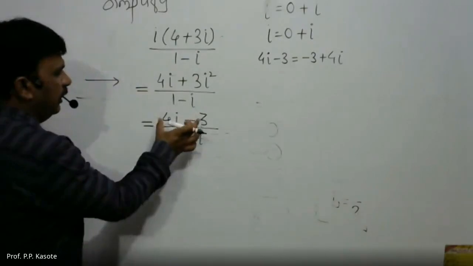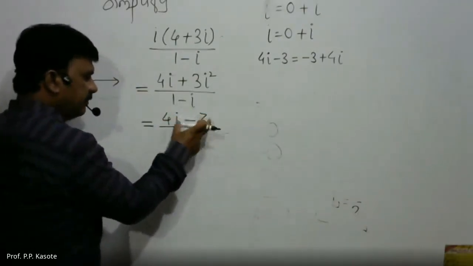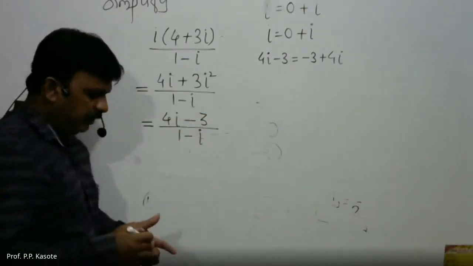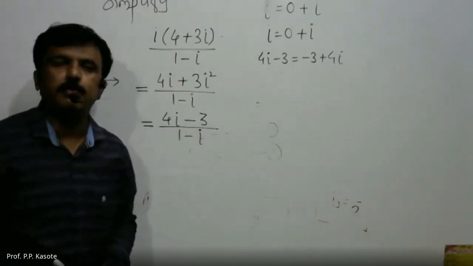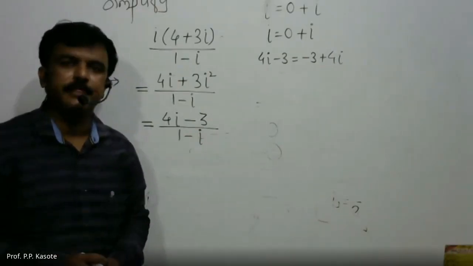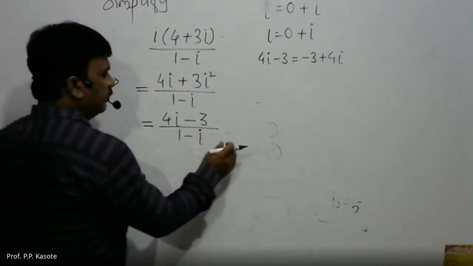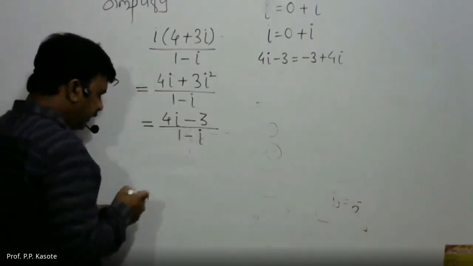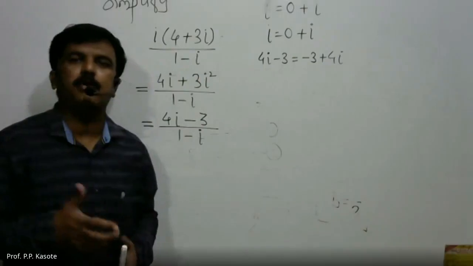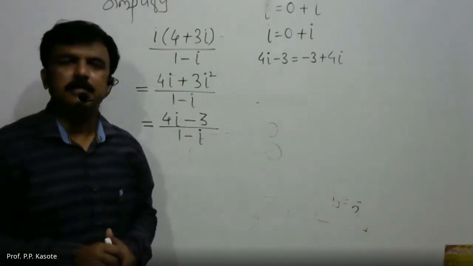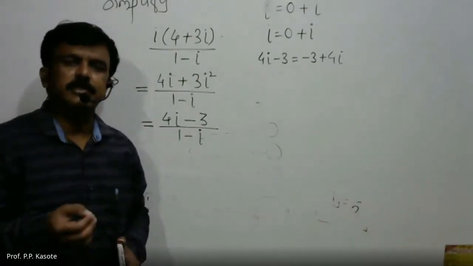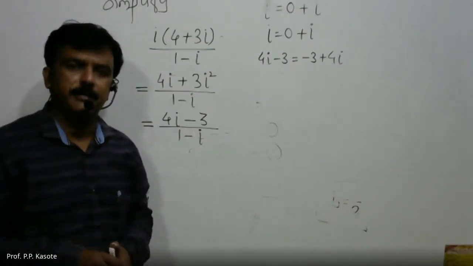So now let us divide this complex number by this complex number. डिवीजन कैसे करते हैं हमें मालूम है, हम लोगों ने प्रीवियस लेक्चर में पढ़ा था. In division, what do we do actually? We take the conjugate of the denominator. Conjugate मतलब क्या? In conjugate we just change the sign of the imaginary part.